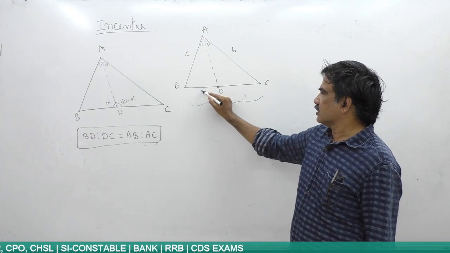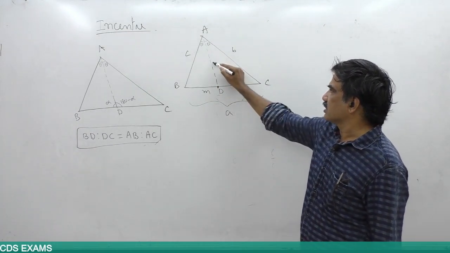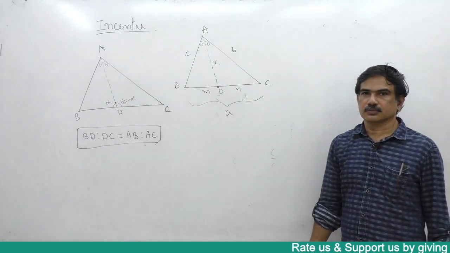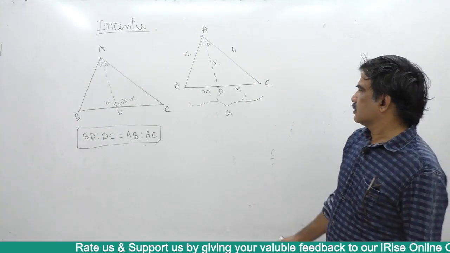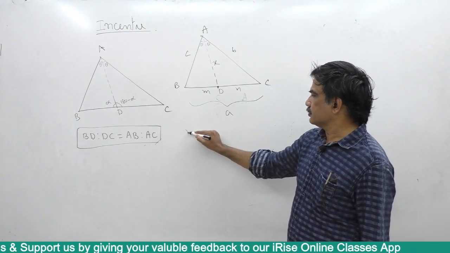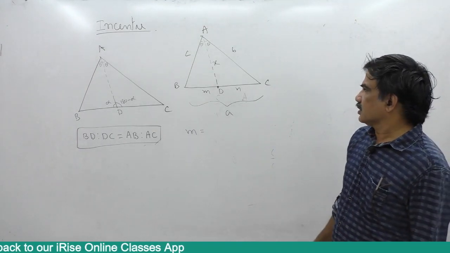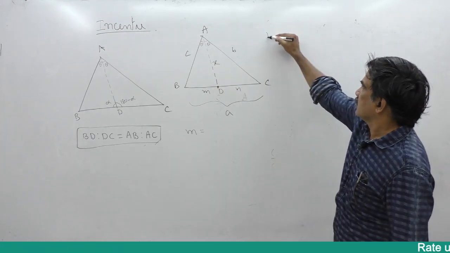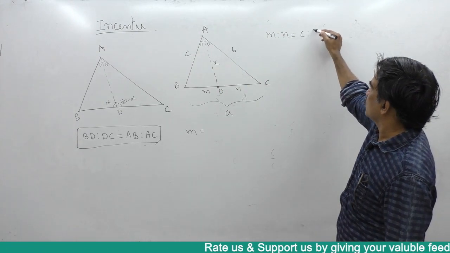If this is M parts, this is N parts. Let this be X. Here, M is to N is same as c is to b.